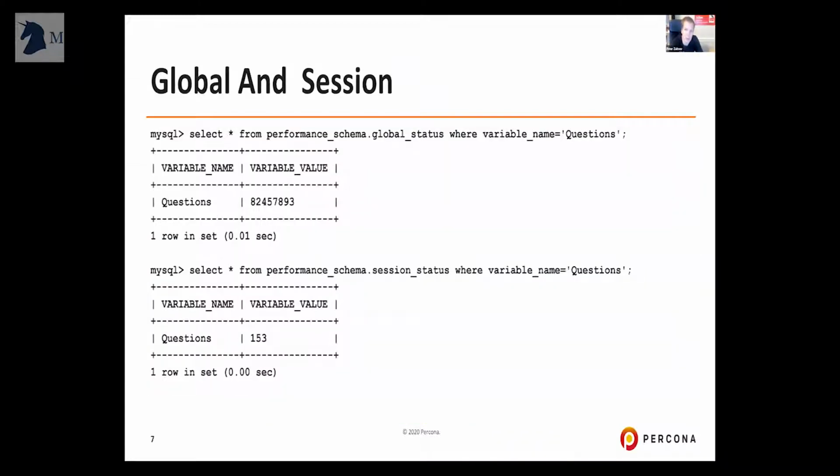So let's look at what those global and session scopes are and what the difference is. In this case, I see the variable Questions in both the global and the session scope. We can see that the global number is huge.